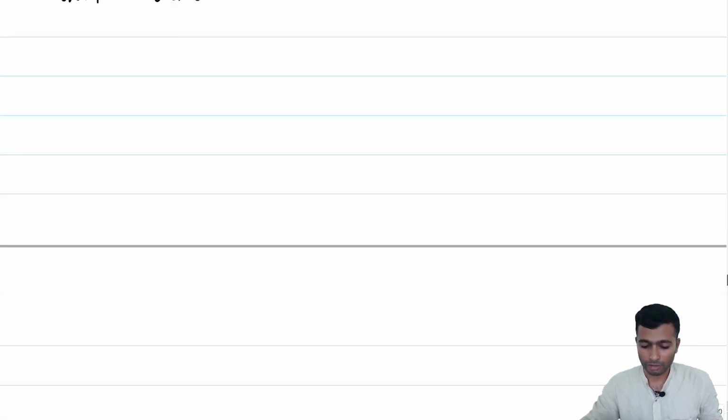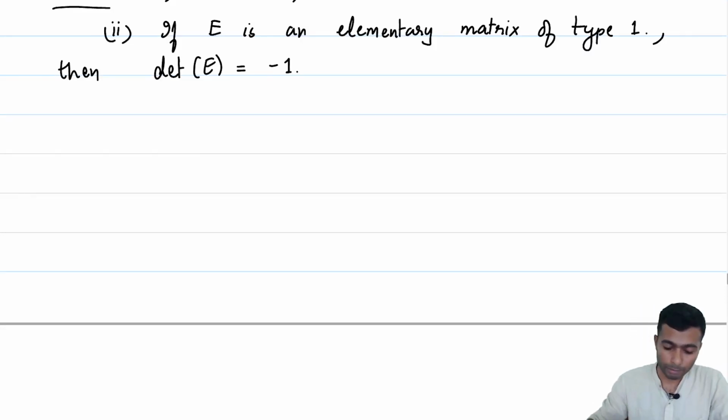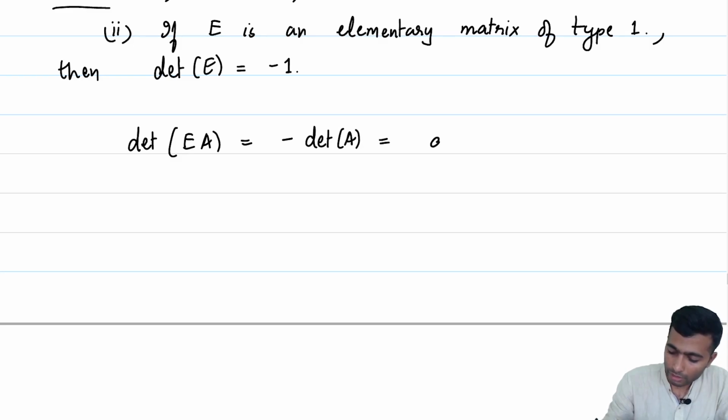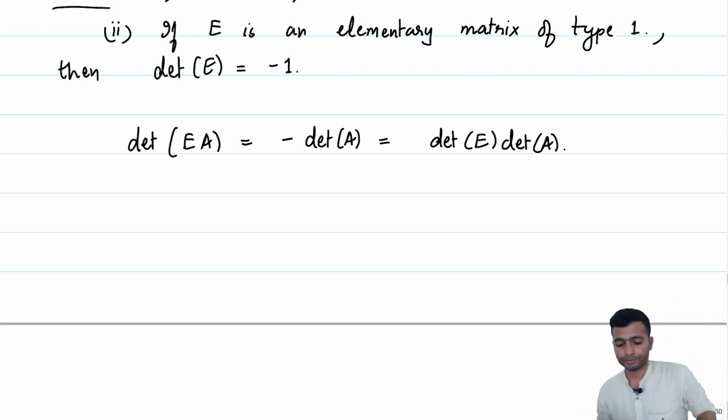And therefore, what this property tells us is that the determinant of E times A is equal to minus the determinant of A, which is the same as the determinant of E times the determinant of A, isn't it?